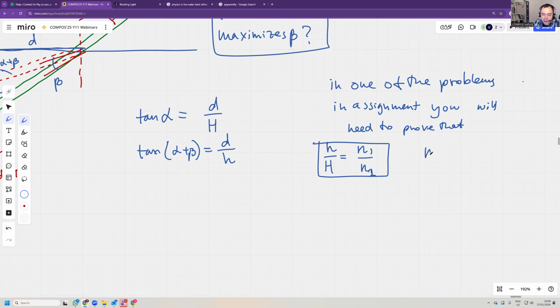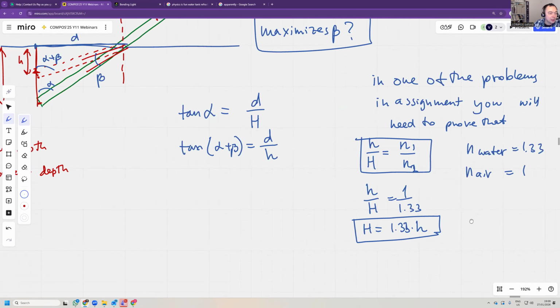And we know that n for water is 1.33 and n for air is 1. And therefore, h small over h is 1 over 1.33. Or in other words, h is 1.33 times h small.